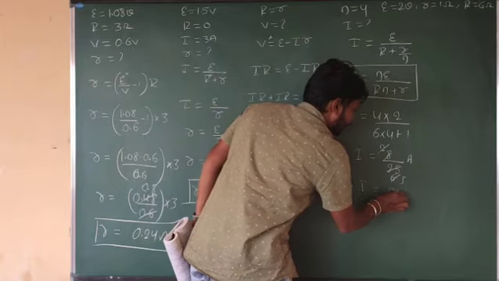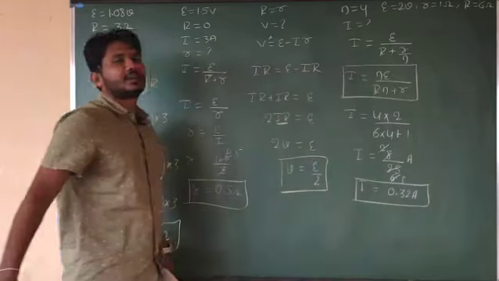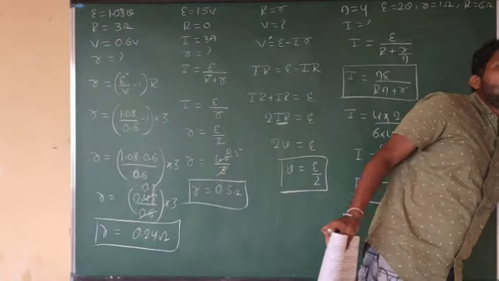So what's the answer here? 0.32 ampere. What is the current in the external resistance? Current in the external resistance is 0.32 ampere here.